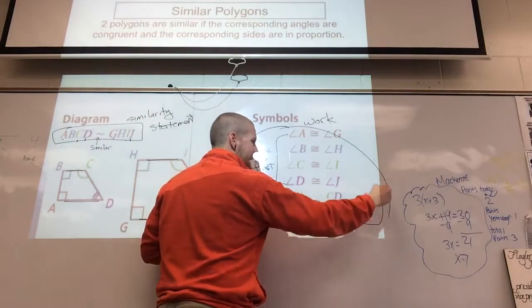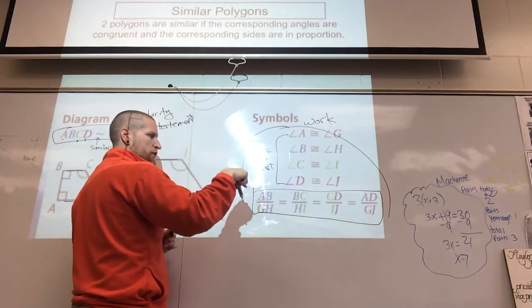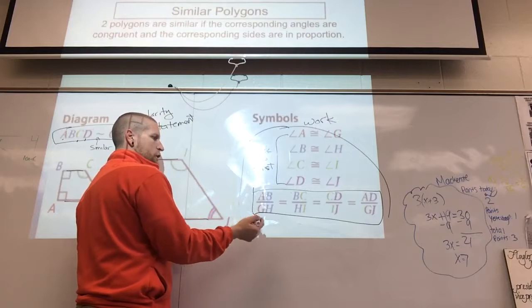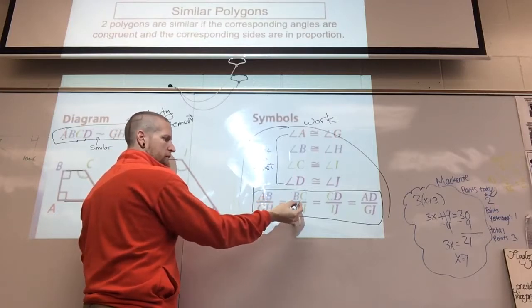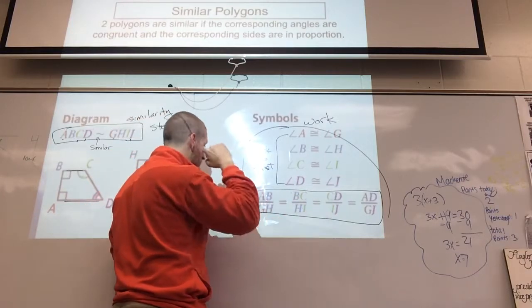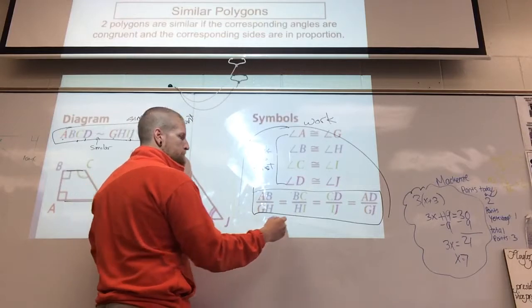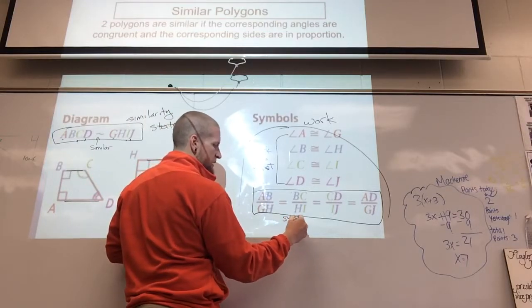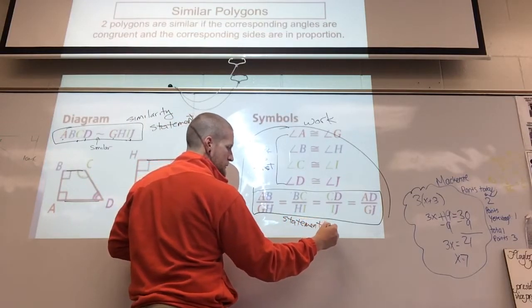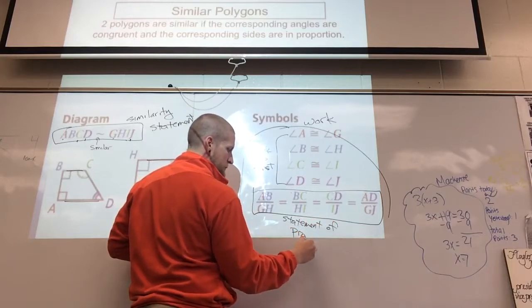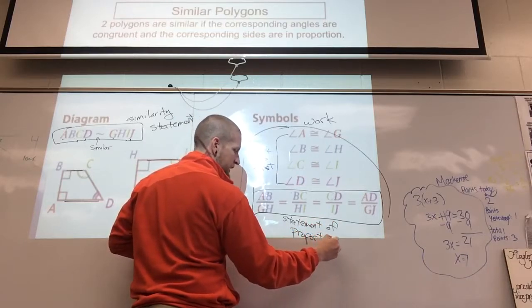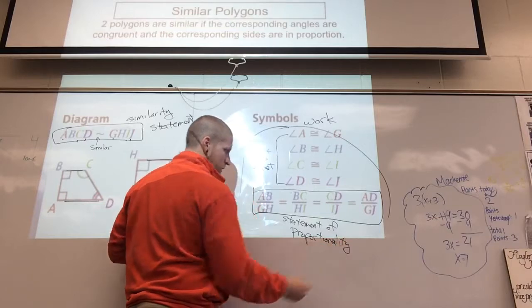This thing, as it looks right here without the numbers, where they're telling you which sides are in ratio with each other, so the corresponding sides, is called a statement of proportionality. Okay?